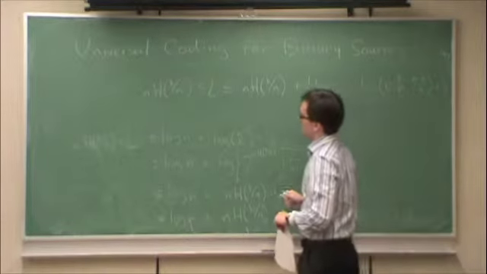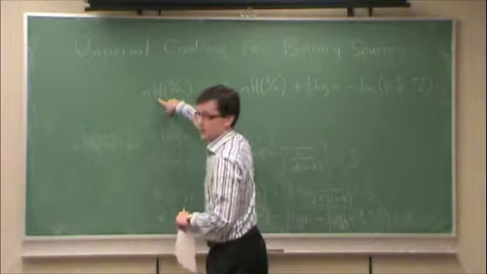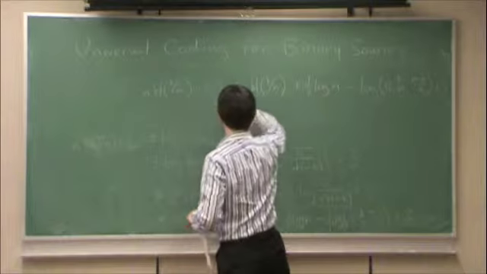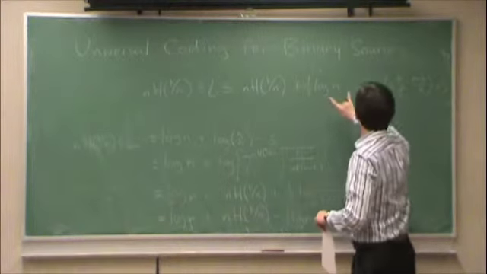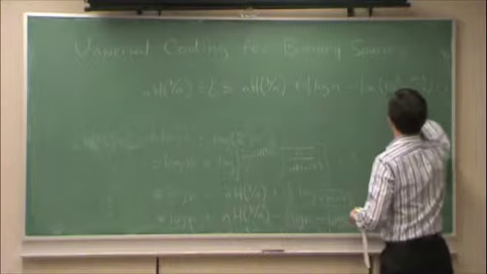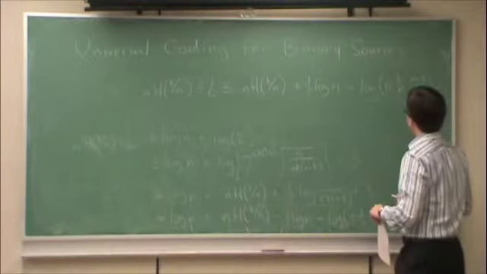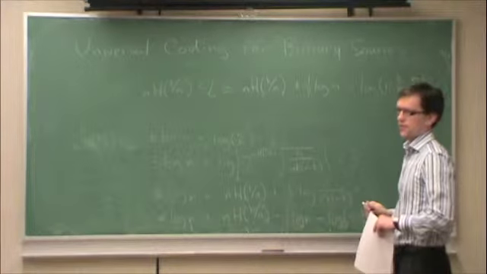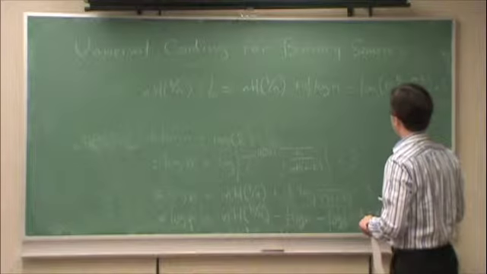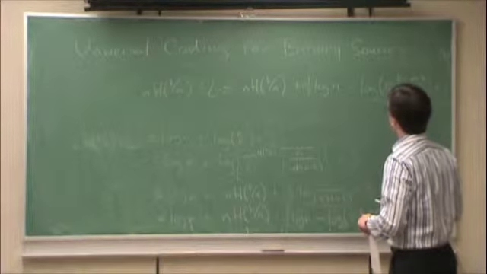So this is the assumed entropy of the source right here, and these are penalty terms. This is the amount that I'm paying to encode this universally.